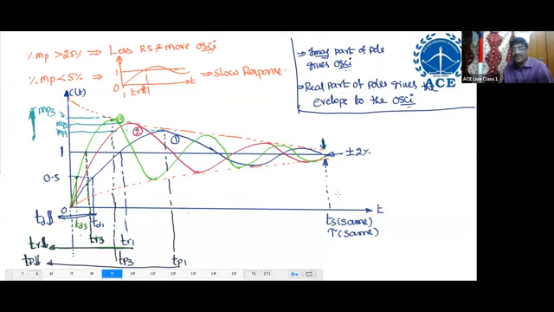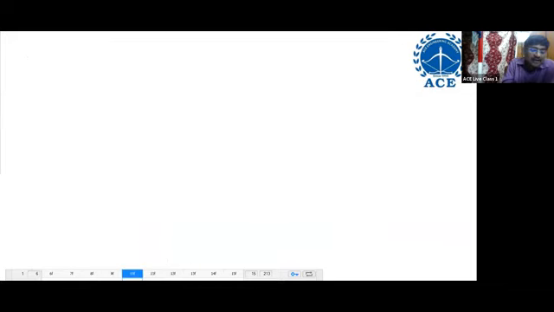Overshoot should increase. First, write the factors. Which option satisfies all the factors? Then that is the correct answer. Okay. So this is about the vertical movement of the poles. Next problem, select the horizontal movement of the poles. Repeat the above problem.